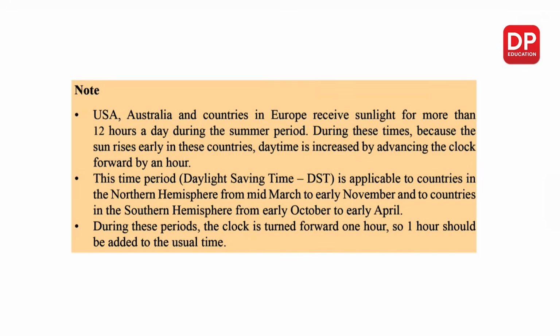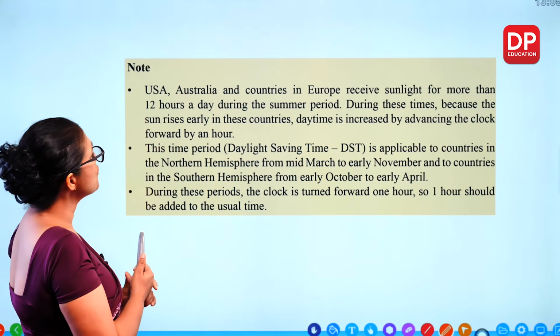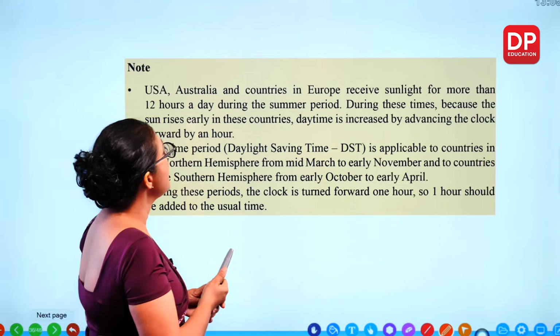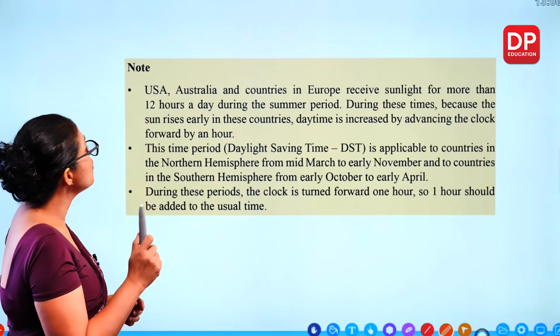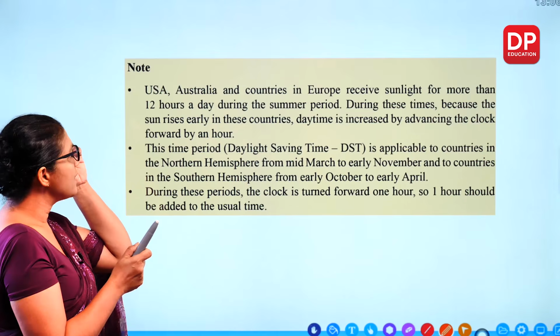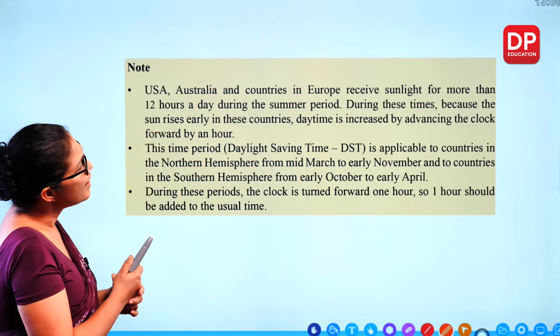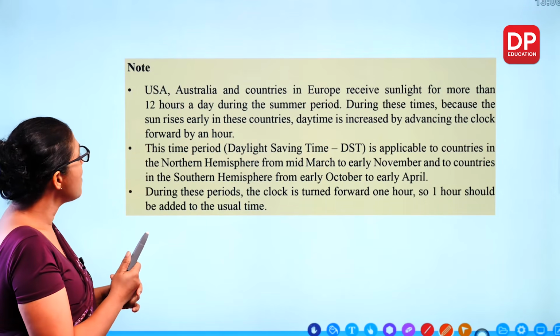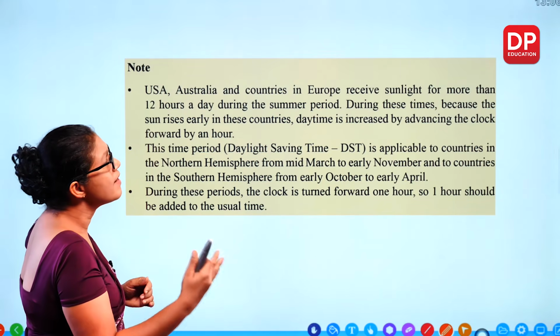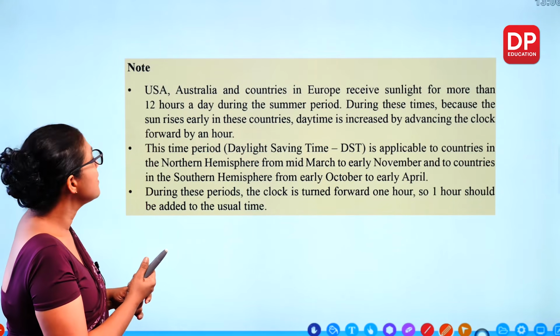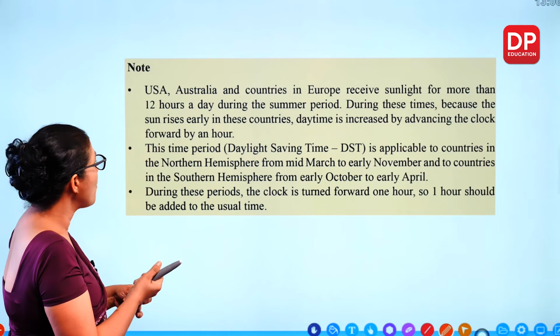So this is just a note. In your textbook: USA, Australia and countries in Europe receive sunlight for more than 12 hours a day during the summer period. During these times, because the sun rises early in these countries, daytime is increased by advancing the clock forward by an hour.